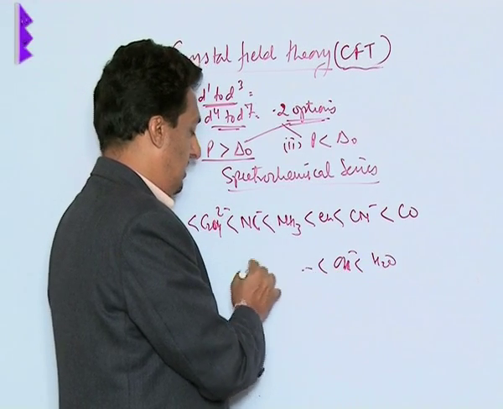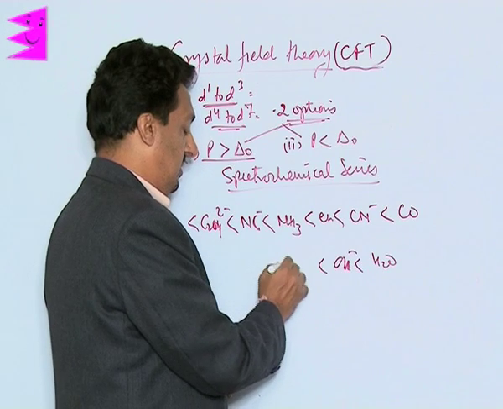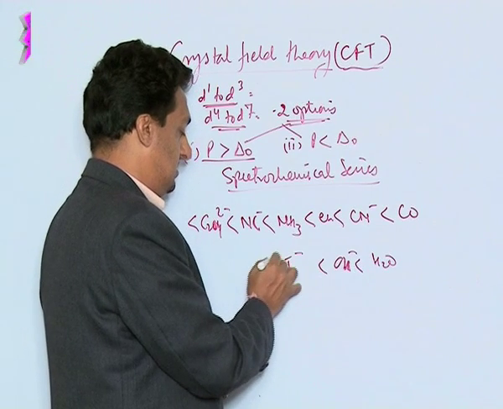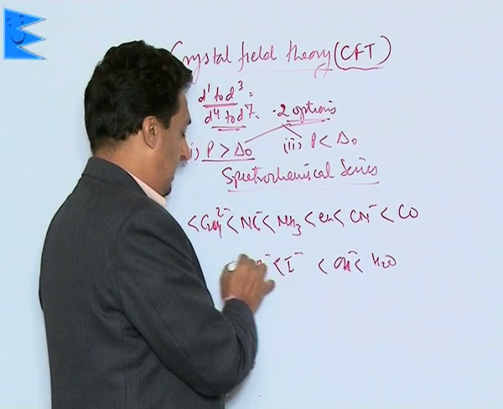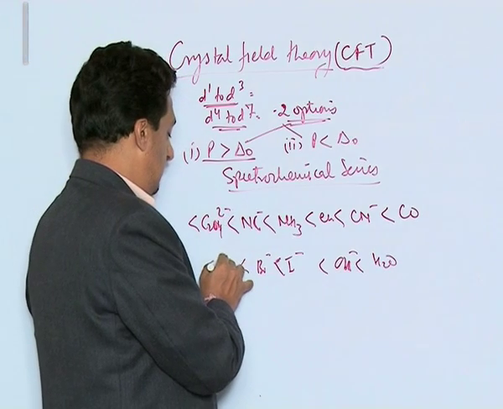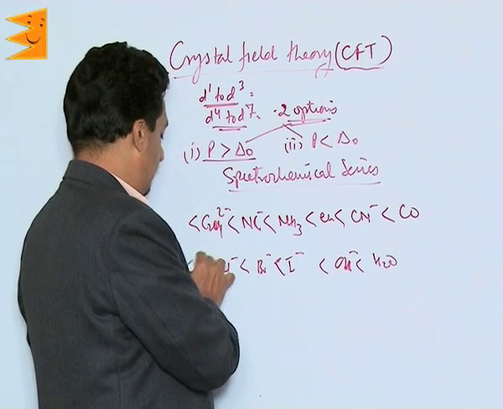So like this, and so on, and then we have the halogens: I minus, Br minus, Cl minus, F minus.